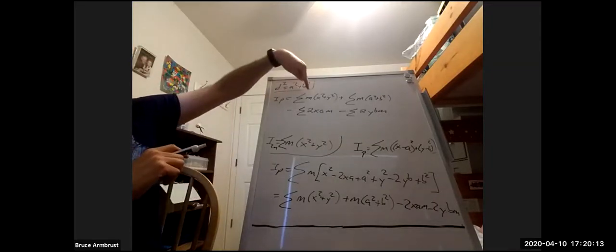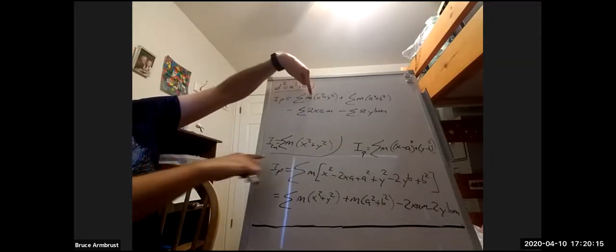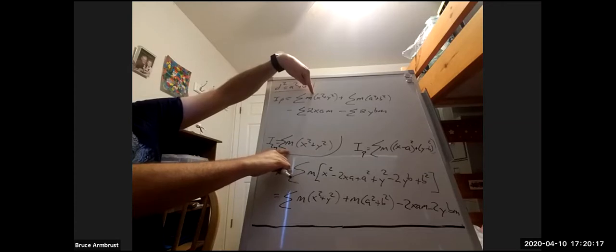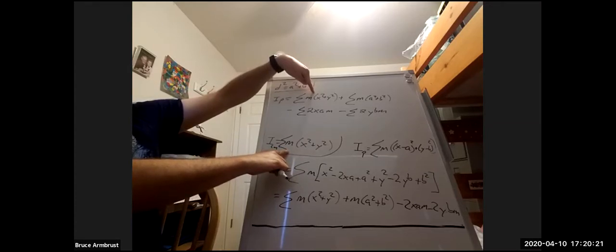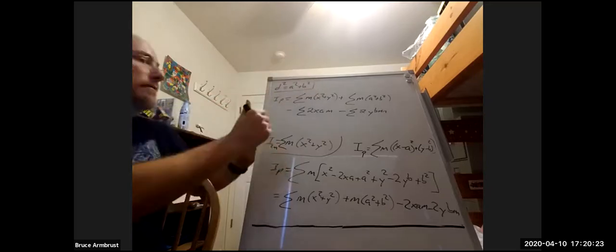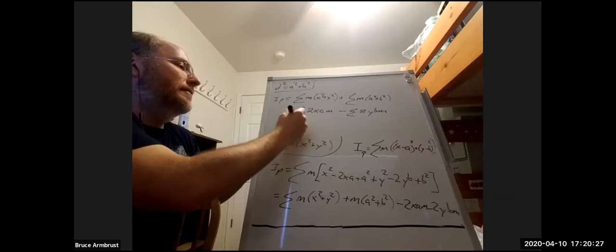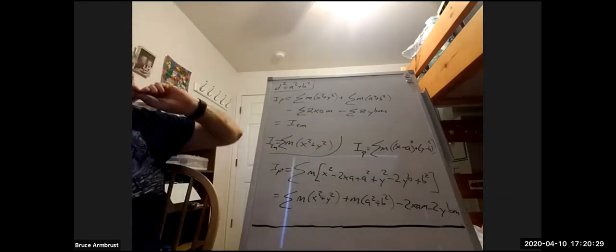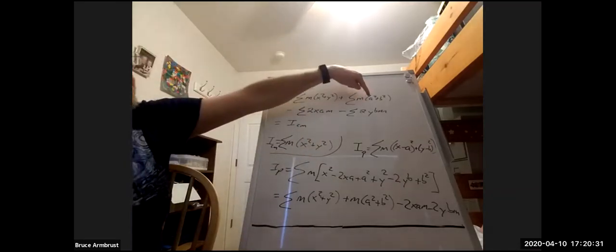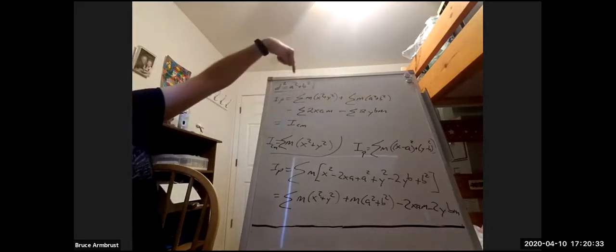So the first one, recognize that as the center of mass moment of inertia. Those are identical. So this becomes I center of mass. All right, the a squared plus b squared, we already saw that was equal to d squared.